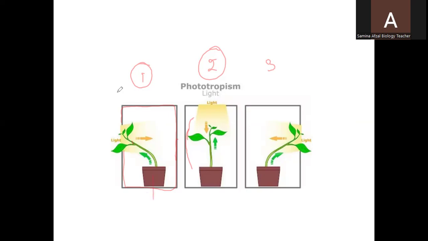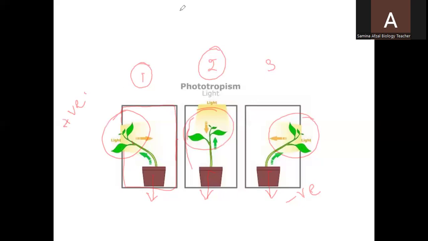But roots will move in the downward direction because they show negative phototropism, whereas shoots, in all these cases, are moving towards the light, showing positive phototropism.